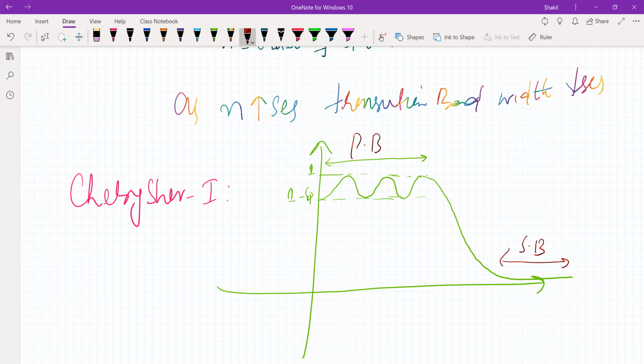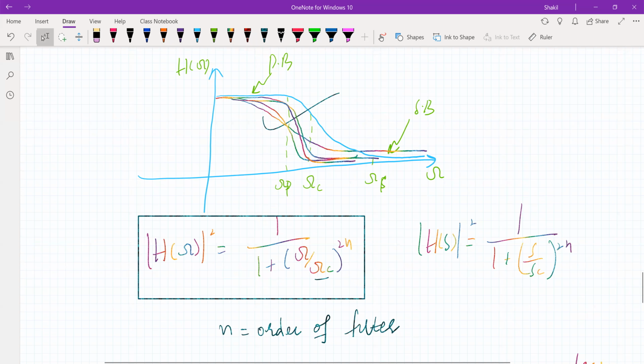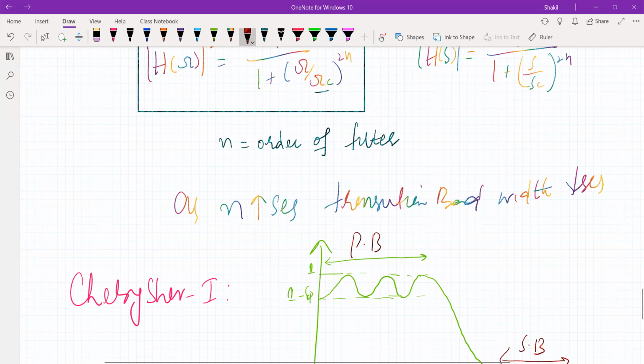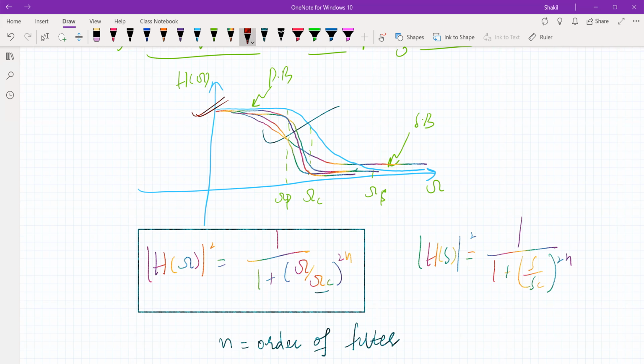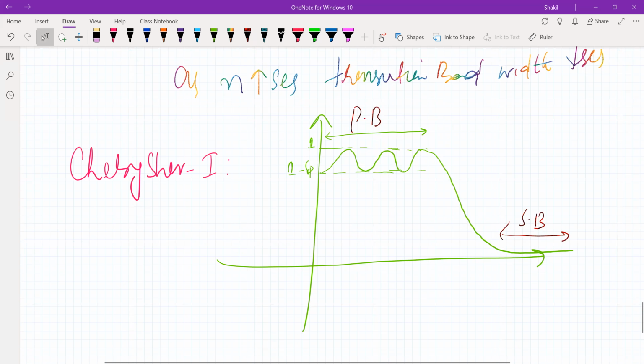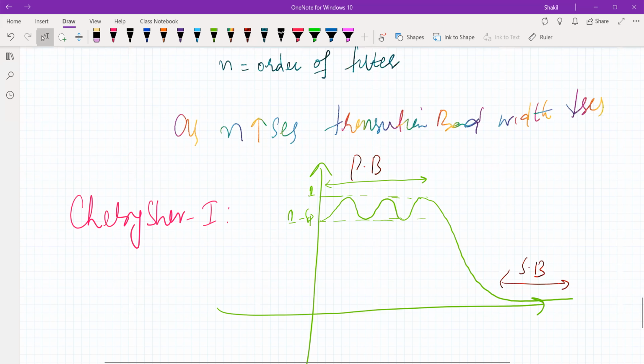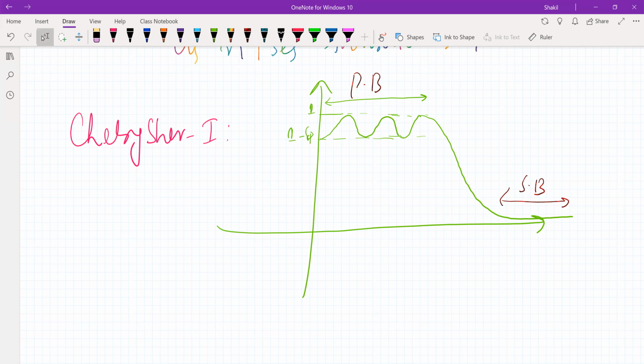Now, why do we want to have a ripple? If the frequency response is flat, wouldn't it be better, because it won't allow any distortion in the output? Why do we allow it? Because if we allow the frequency response to be flat in both the bands, the order of the filter will go very high.